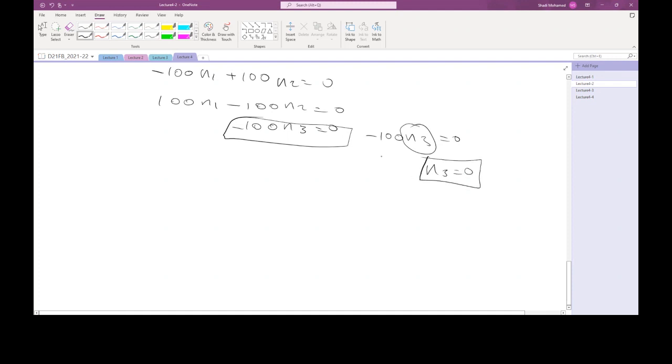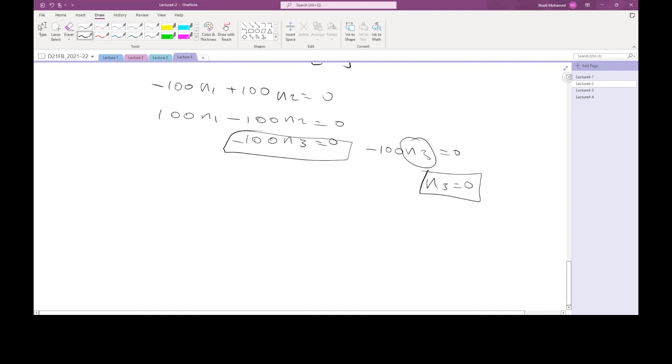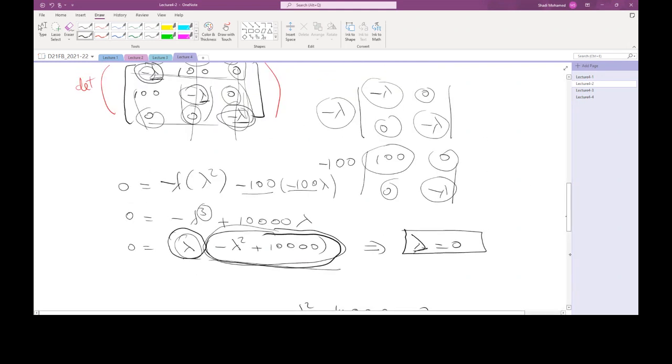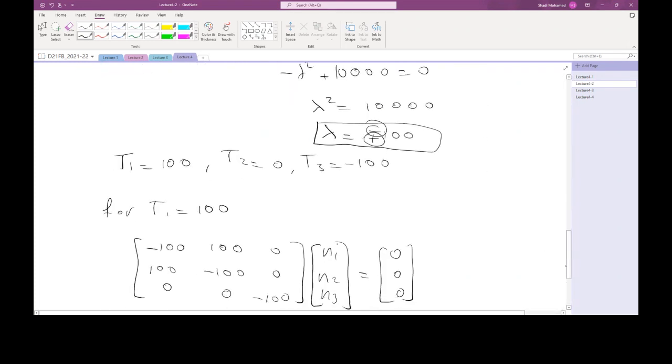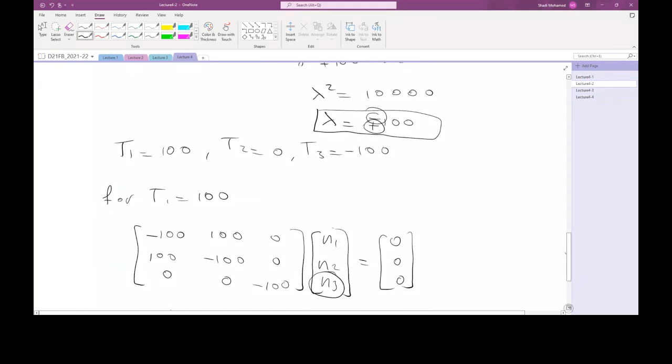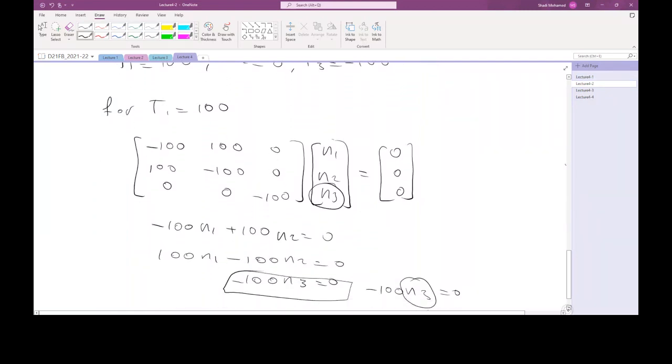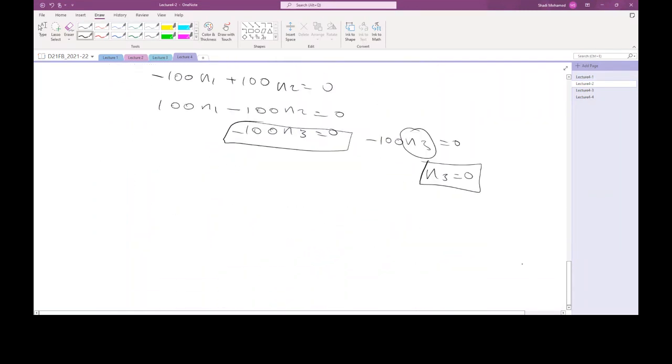I have the first component of my vector. Now I need to look for n1 and n2. Most people would find n1 and n2 really confusing, because they think they have 2 equations with 2 unknowns, but in reality, you have just 1 equation with 1 unknown.